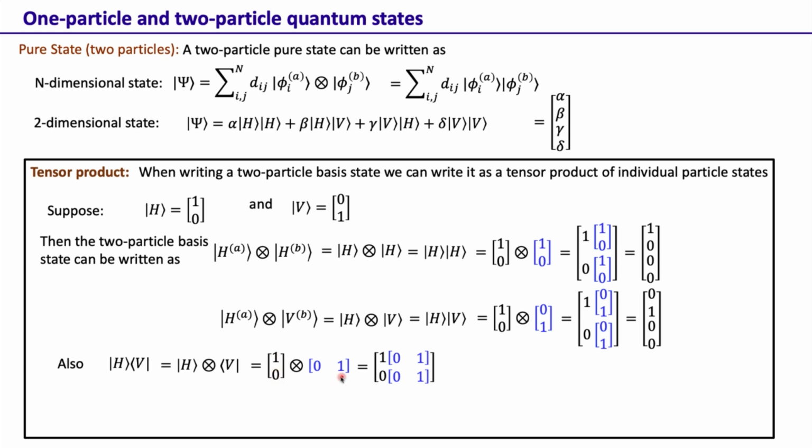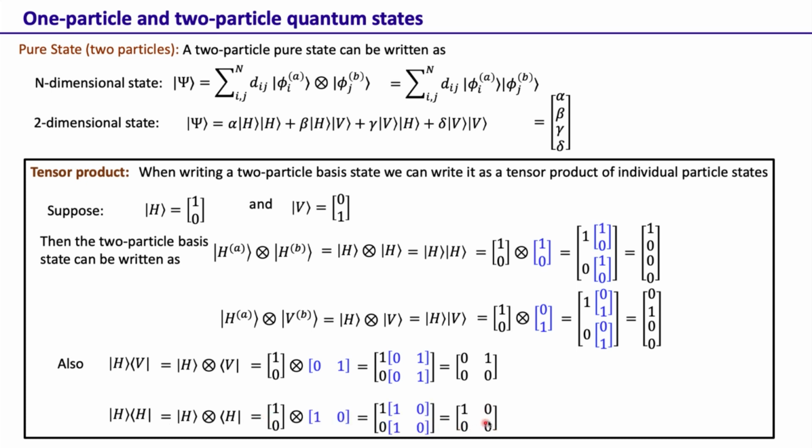So again we do 1 0 and multiply this with the row here, 0 1, and so that becomes 0 1 times 0 0, because 0 multiplied with 1 is essentially 0. So that's the HV. Either we can write it like that or write it like that. These are two equivalent things. And if you have HH, so these are the projectors we use when we do measurements. In that case, we can see that it is 1 0 0 0.